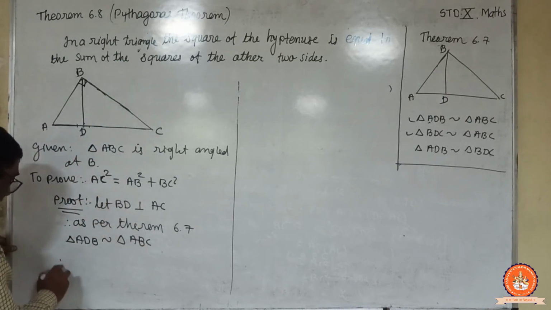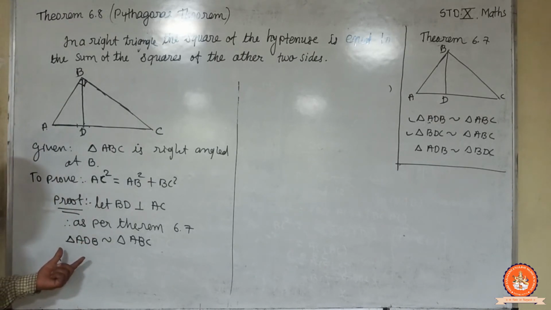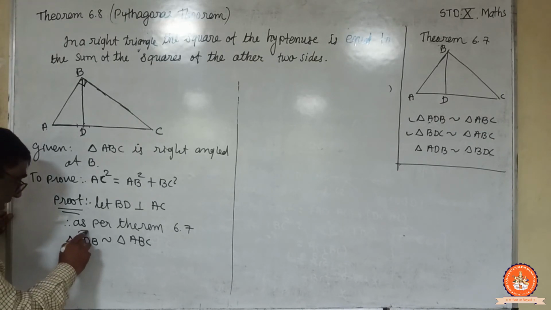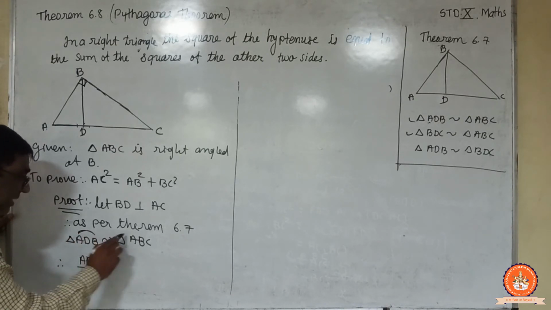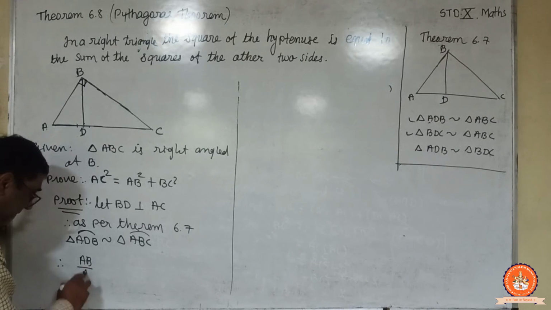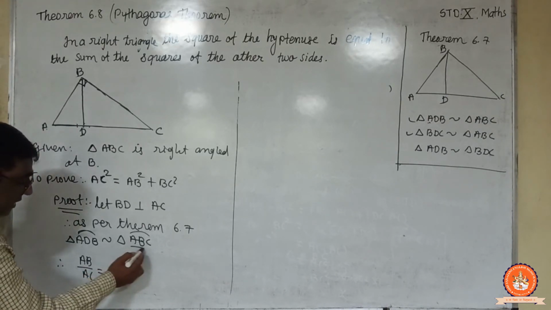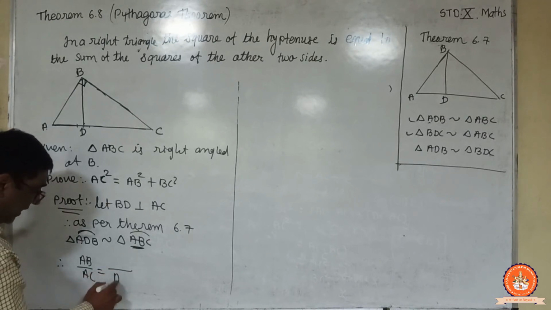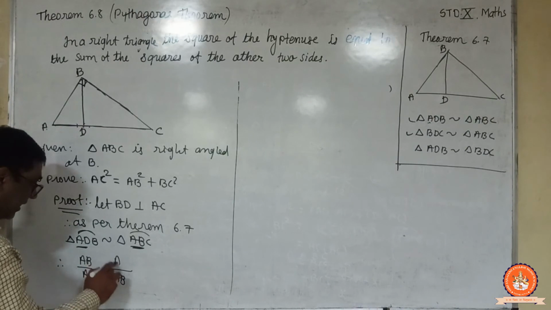Now we want AB into AB. How is it? We know that ratio of sides of similar triangles are proportional. Okay, so यहाँ पे लिखेंगे हम AB. We want AB. तो AB के नीचे यहाँ पे क्या लिखना पड़ेगा? AC. And look at it, AB is here, so we can write AB here, तो उसके ऊपर हमें ये लिखना पड़ेगा AB.